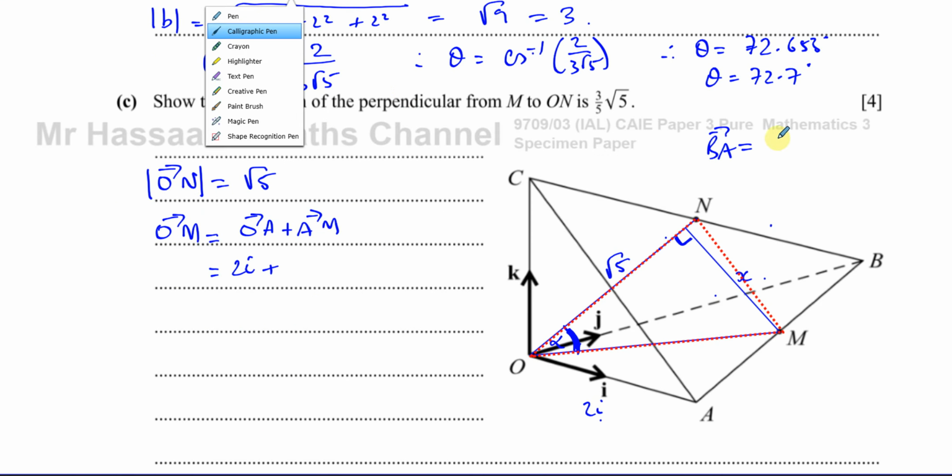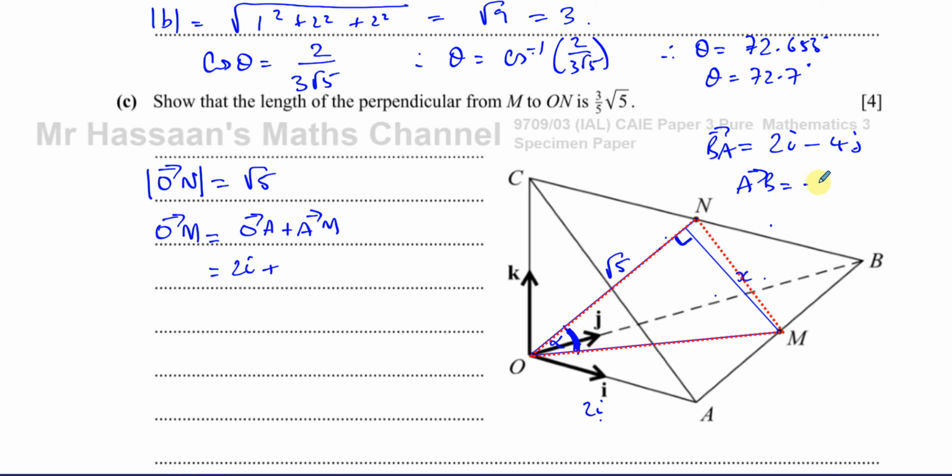That means A to B is going to be minus 2i plus 4j. So A to M is a half of that. It's going to be a half of minus 2i plus 4j, which is going to be minus i plus 2j.